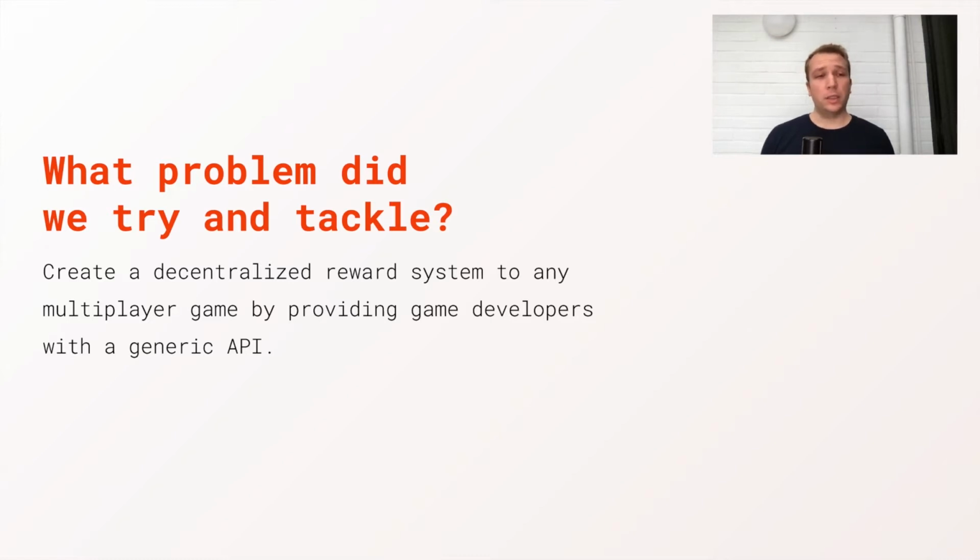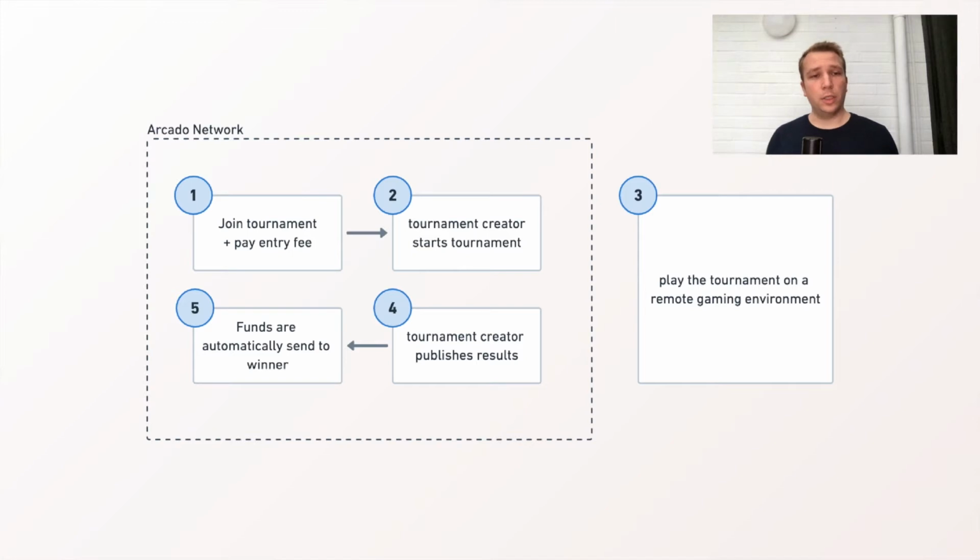Now, what issue did we try and tackle? In Arcado's case, we wanted to create a decentralized reward system, more specifically tournaments, for any multiplayer game by providing a generic API. When we look at what the user journey looked like, we had 5 steps. First, join tournament: a user would pay an entry fee upon joining.